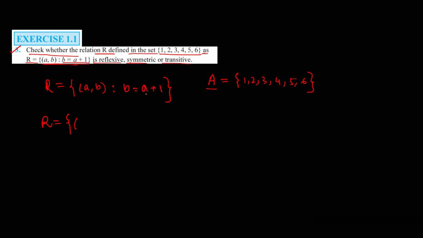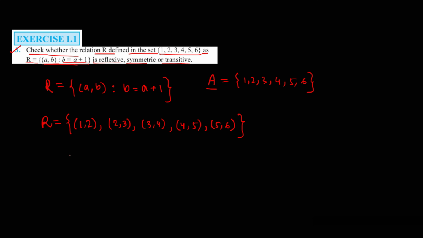So here we will list the elements of R. If we put A equal to 1, then B equal to 2. So (1, 2) is there in R, (2, 3), (3, 4), (4, 5) and (5, 6). So R consists of these 5 elements. Now check whether R is reflexive, symmetric or transitive.